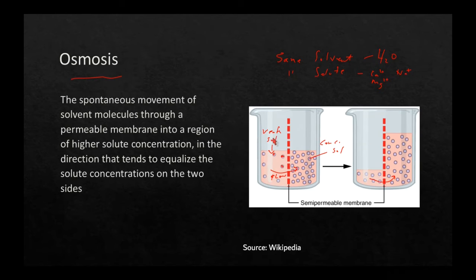So we start off with a weak solution on one side of the membrane and a concentrated solution on the other side, and now we'll have an intermediate concentration on both sides, but the same concentration. This is observed experimentally, right? They take two different concentrations separated by a semi-permeable membrane, and that membrane has really super tiny openings.